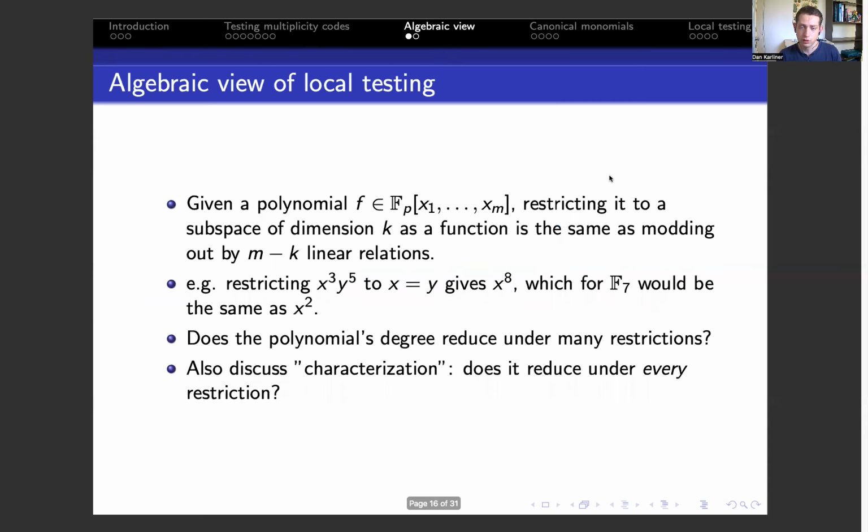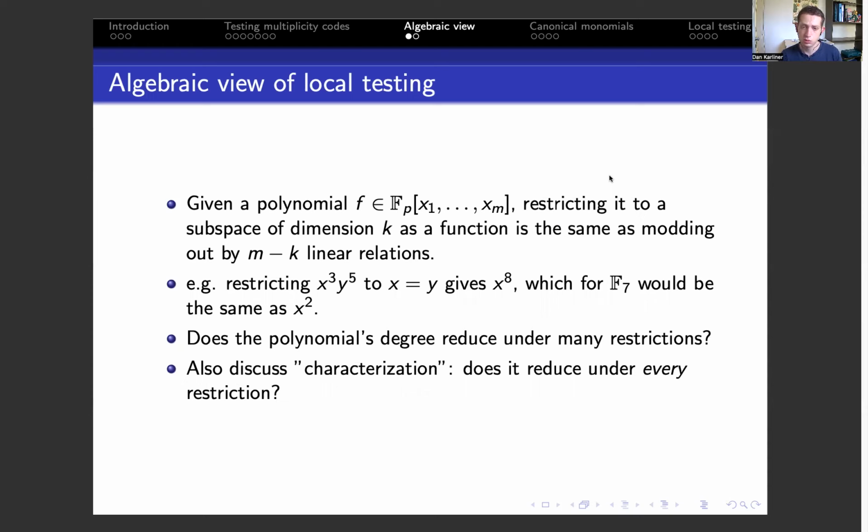Okay, so let's talk a bit about how we go about proving this. Given a multivariate polynomial, restricting it to a k-dimensional subspace is the same as modding out by m minus k linear relations.